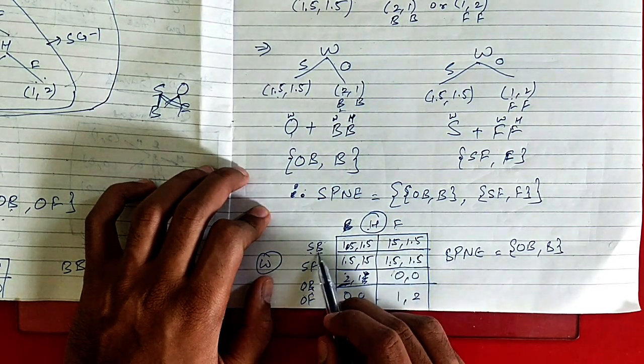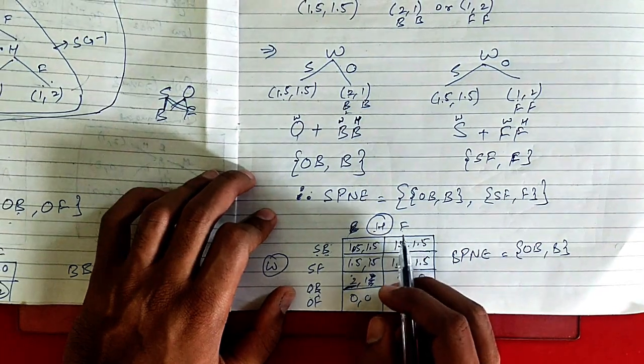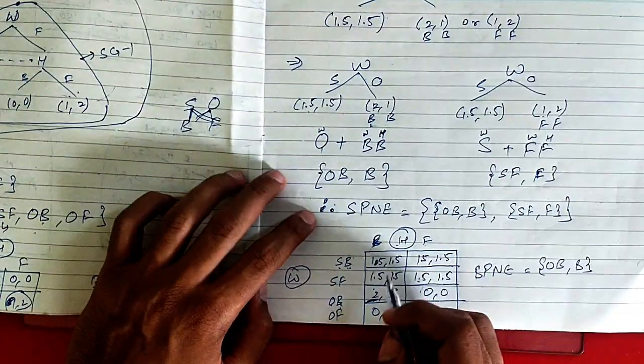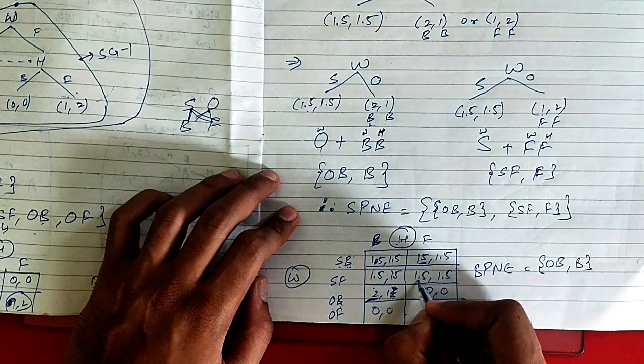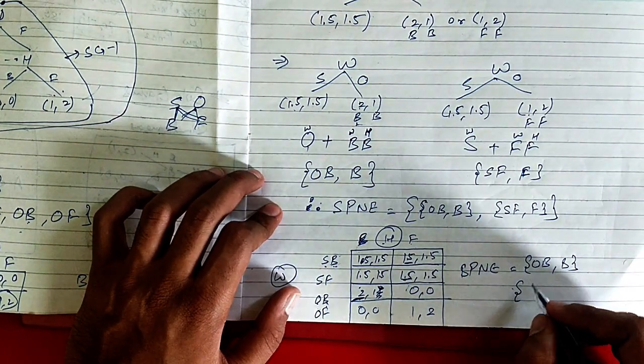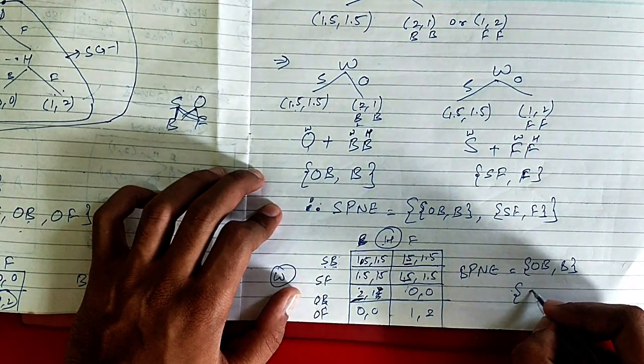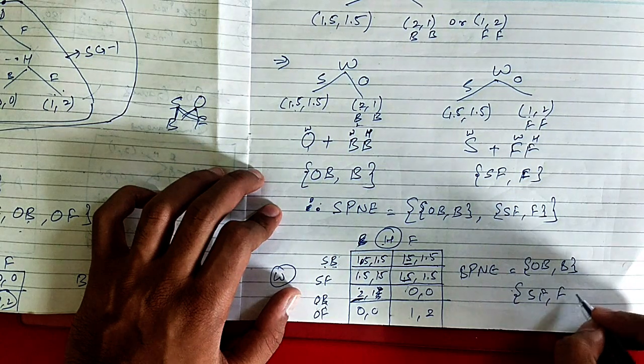But she won't go for ballet because husband has chosen football. And also this is not the practical part, but if we go to theory, both will come, but we will only consider the football part because husband is choosing football here. So it will be coming as SF comma F.